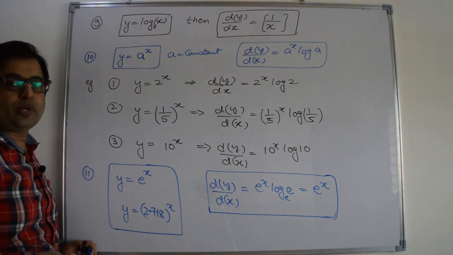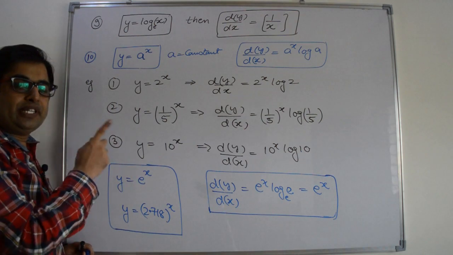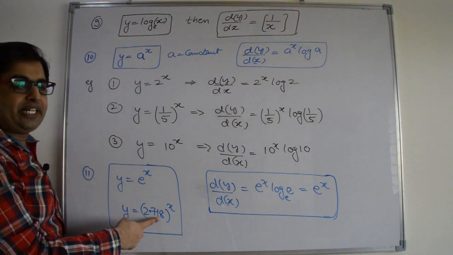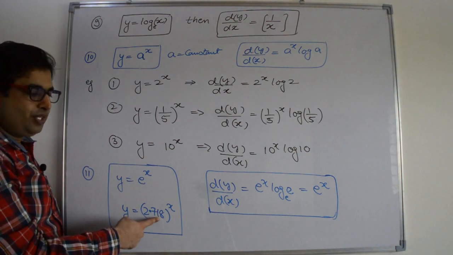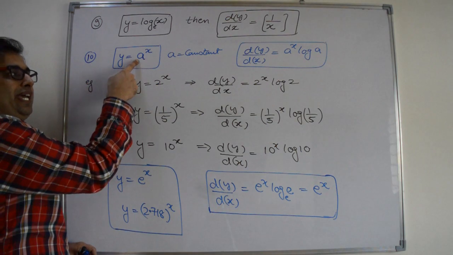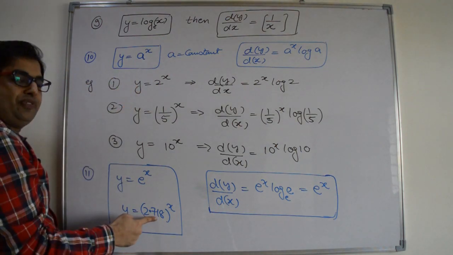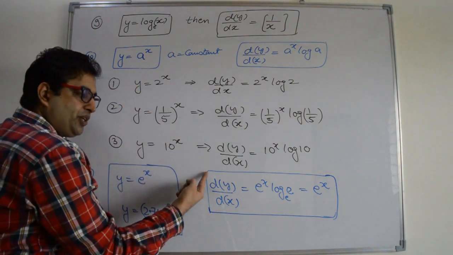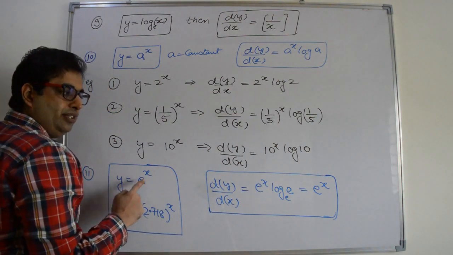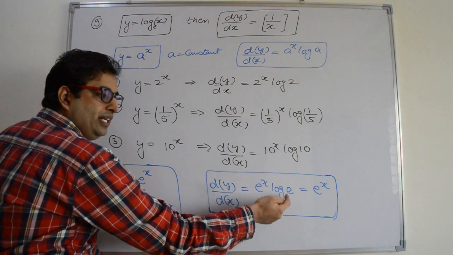Right? Now there is a special form of this formula, e power x. E is also a constant. I told you this point in the last lecture. E value is 2.718 and it is known as exponential. So when you differentiate it by using this formula, a here is 2.718. You will get a power x log a, where a is e. So e power x log e.